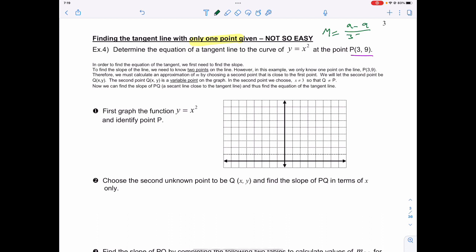Well, if I use the same points, I just get 0 over 0, which doesn't really help me at all, and it just cancels itself out.